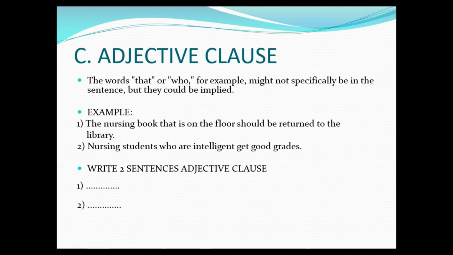The nursing book that is on the floor should be returned to the library. How to use who in the second example? Nursing student. This is about people, a person, so you have to use who. Intelligence, get a good mark.